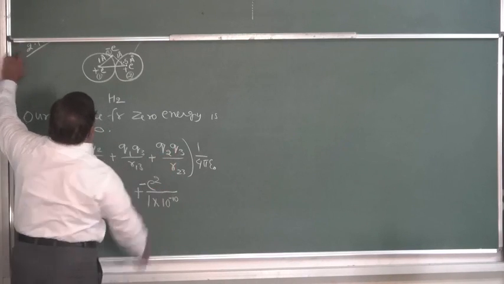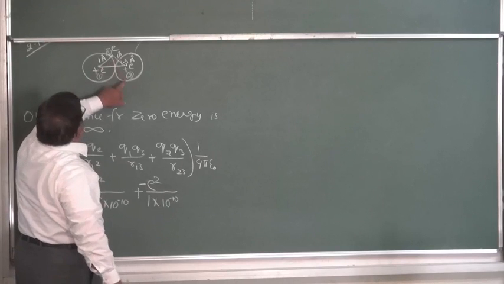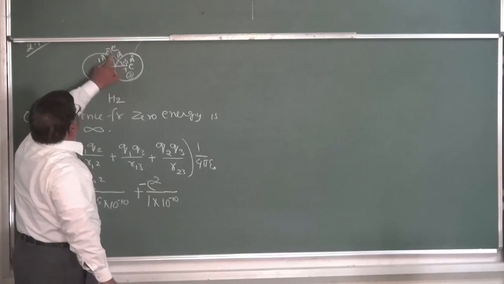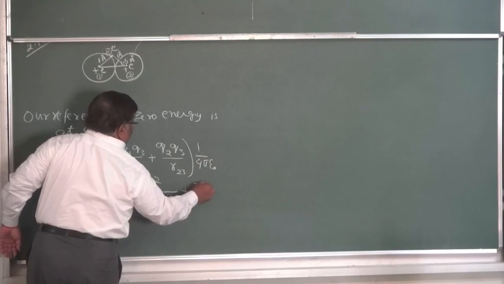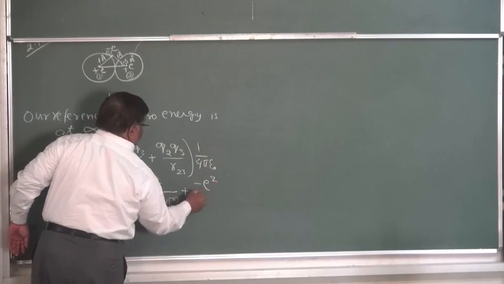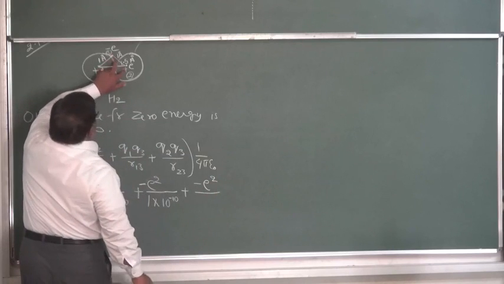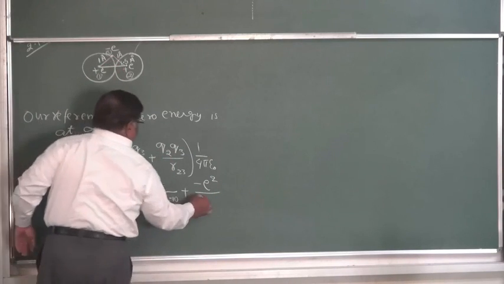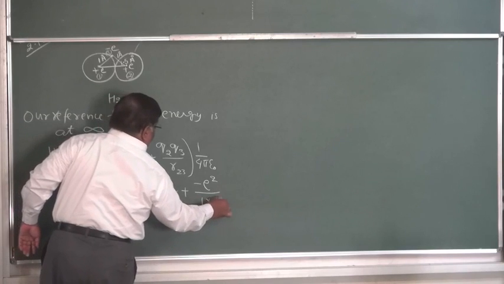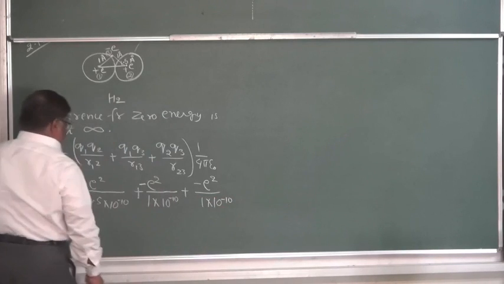Again 2, 3: this is 2, this is 3, this is plus, this is minus. So this is again minus E square upon R23, and this distance 2, 3 is 1 angstrom, 1 into 10 to the power minus 10.